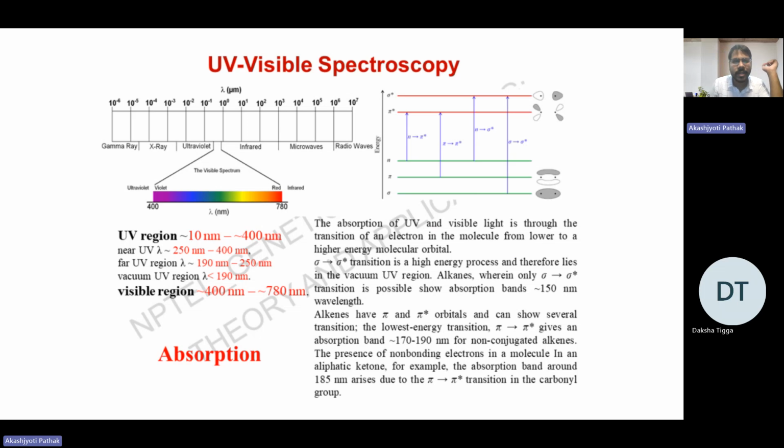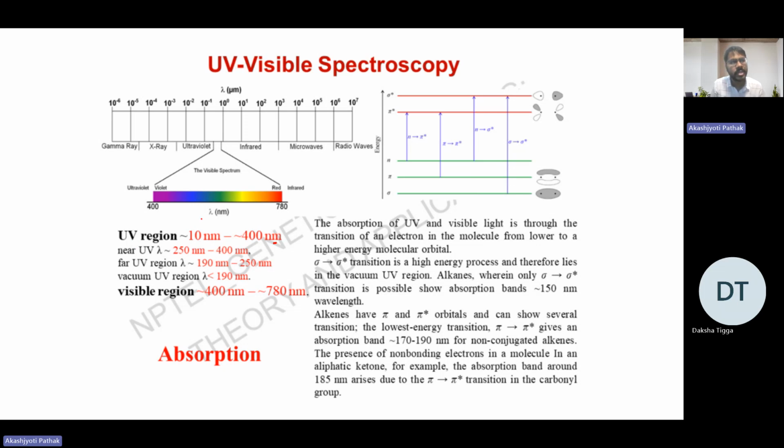As I was explaining, UV visible spectroscopy means the energy that is being applied falls in the UV or the visible region. The UV region has a wavelength in the range of 10 nanometer to 400 nanometer. The UV region can again be divided into the far UV region and the near UV region.